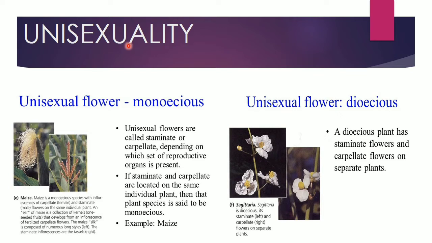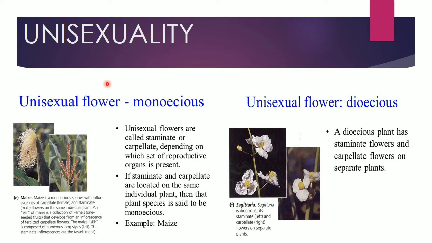The term will be familiar to you. When plants are unisexual, only one type of flower will be produced, unisexual flowers. Male flowers can be there, female flowers can be there. So then it is known as unisexual.